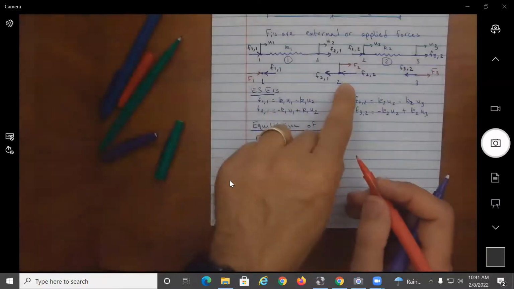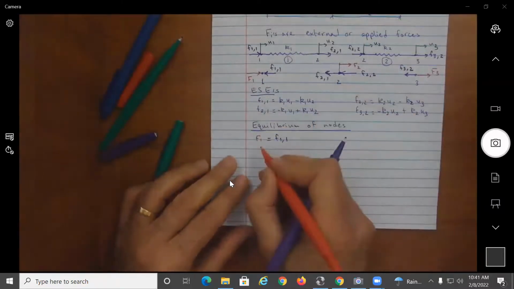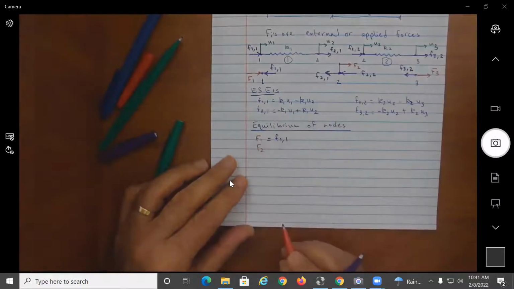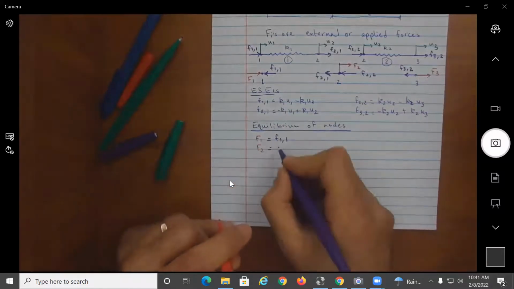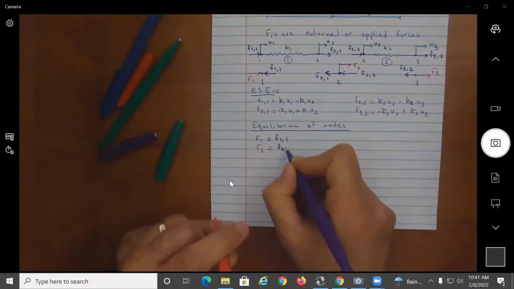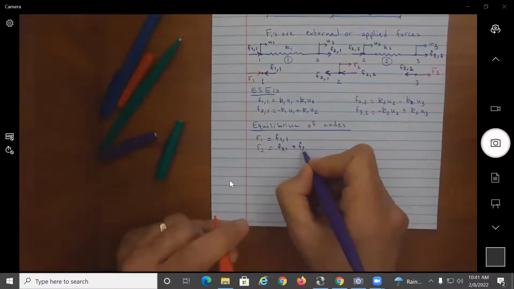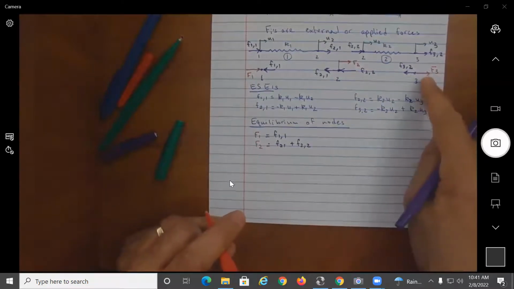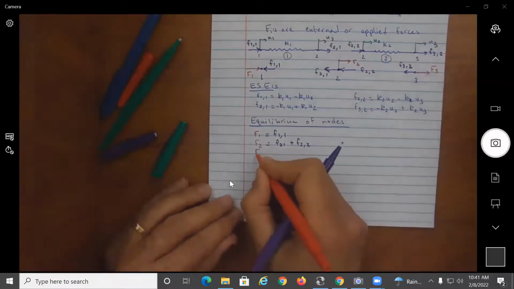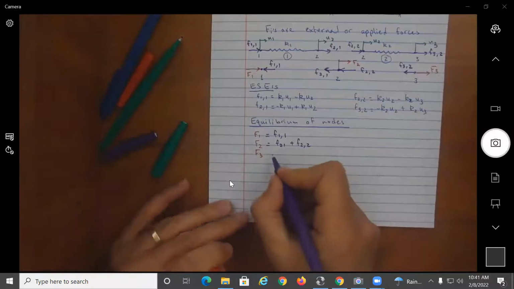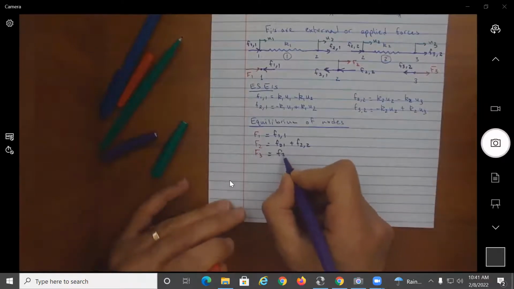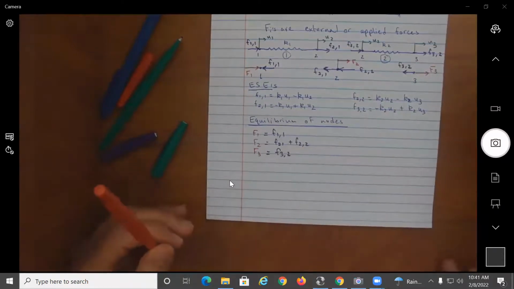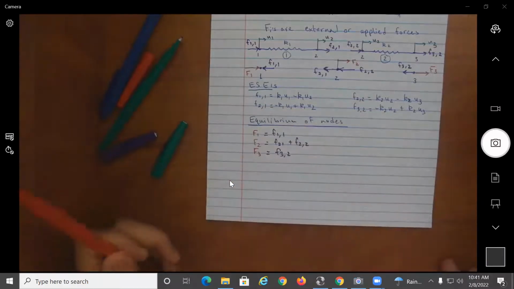Looking at node 2, this F2 must be equal to F21 plus F22. And for node 3, F3 must be equal to F32 for the node to remain in equilibrium. So these are equations of equilibrium.